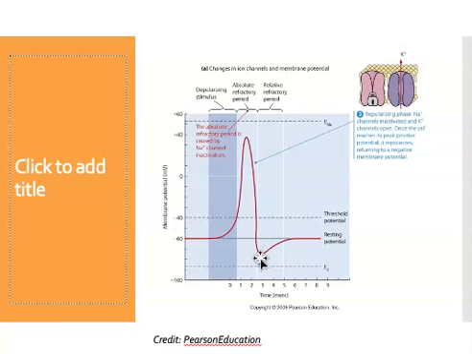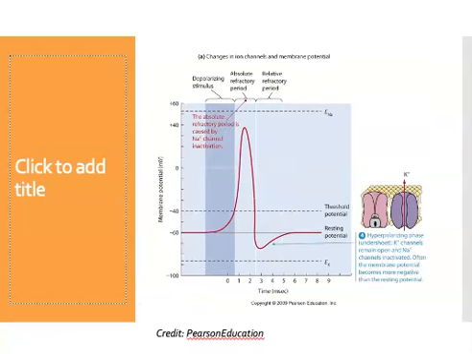Then the potassium channels are going to close. Once the potassium channels are closed, what brings us back up to resting is the passive leakage of ions. Once we get back to minus 60, we will stay at minus 60 because of the sodium-potassium pump.